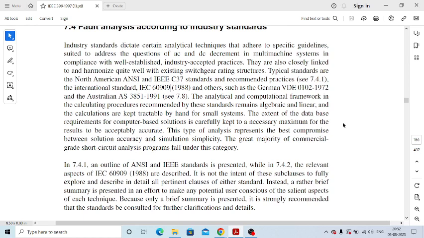How the calculation works in IEC and IEEE, that is ANSI, is a little bit different, not exactly the same. So you should go through the IEC standard and ANSI standard to get the information about how each standard calculates the fault current.